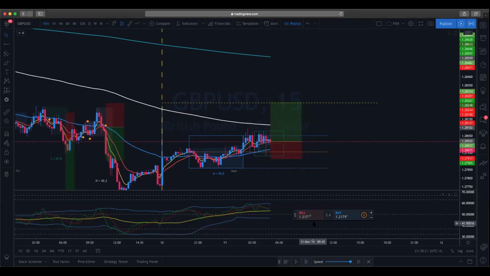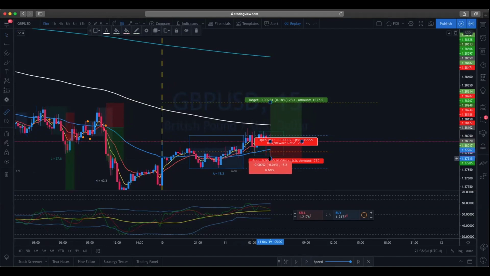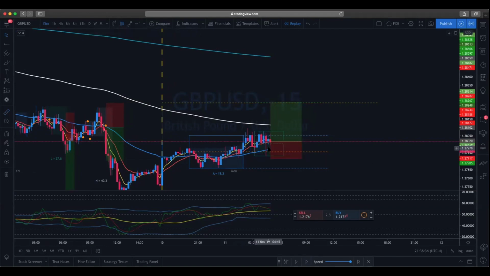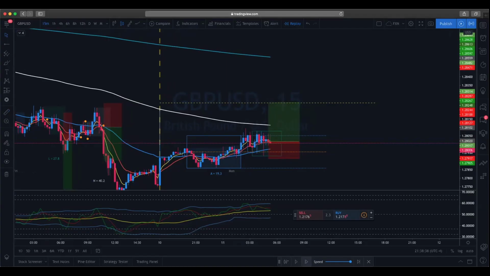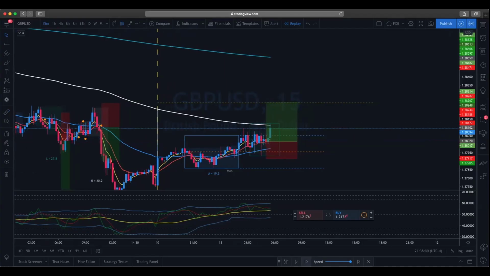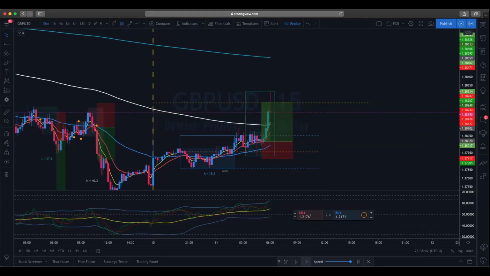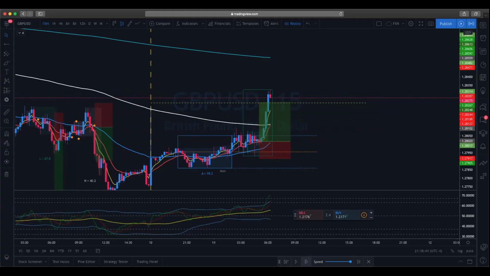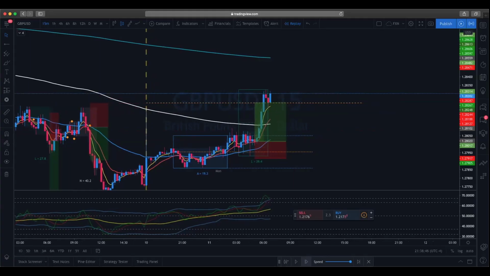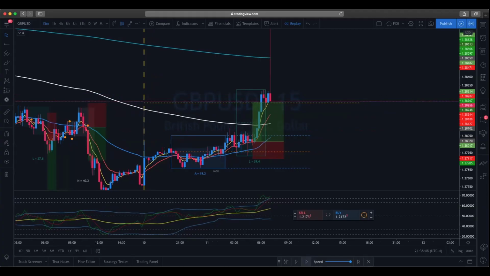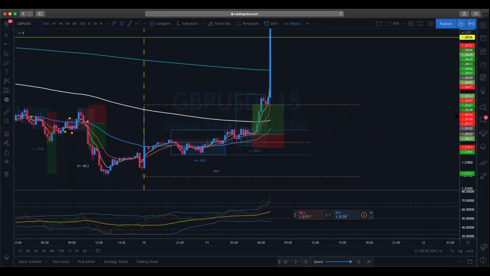Let's just call that the entry, but it would be nice to have a buy limit order right here, right where that 50 is. So if it does come back down and spike it, I mean, you're literally talking about 5 pips or something like that for your stop loss. Holy shit.